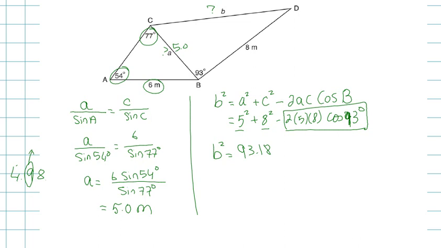Okay, now this is b squared. If I want to find b, what do I have to do? Square root. So what do you get when you do that? 9.6. 9.7.